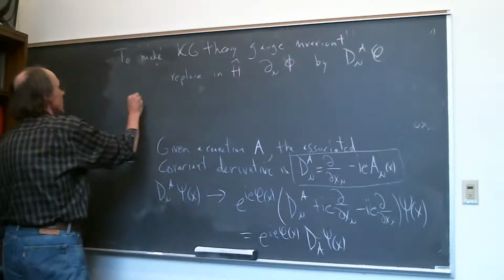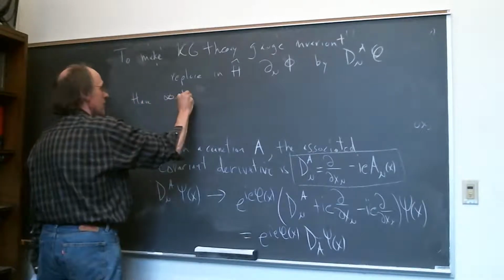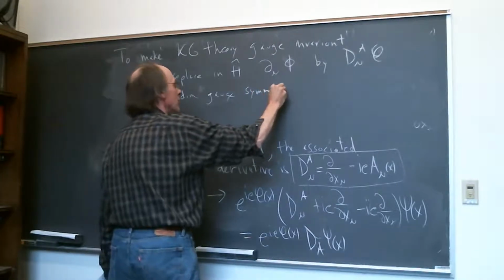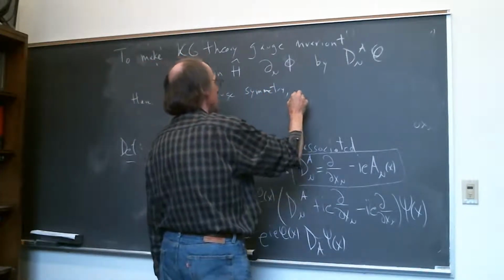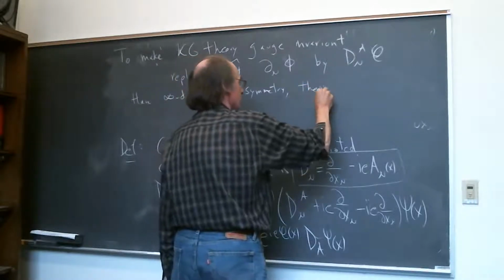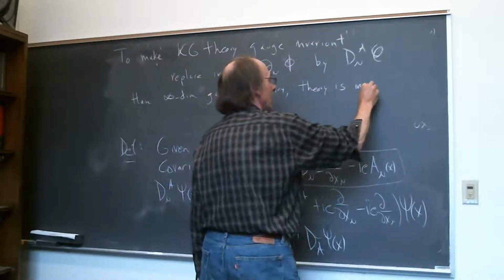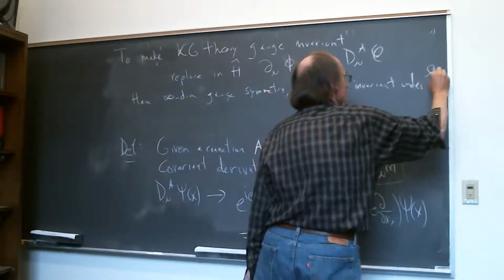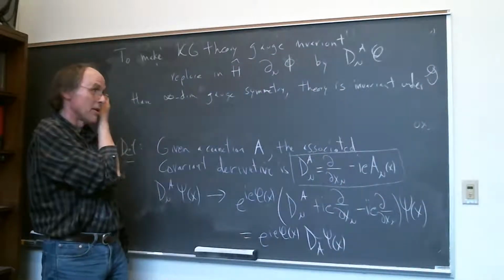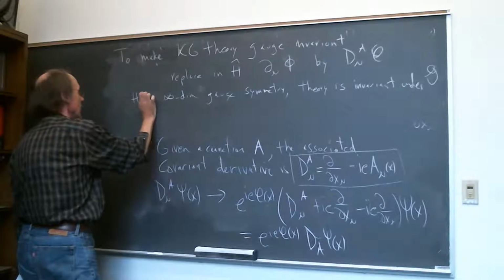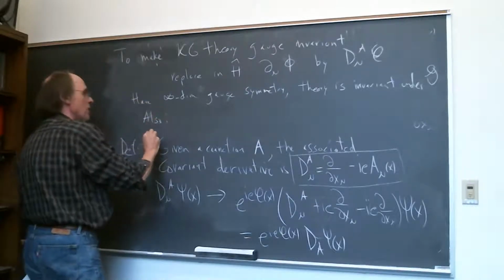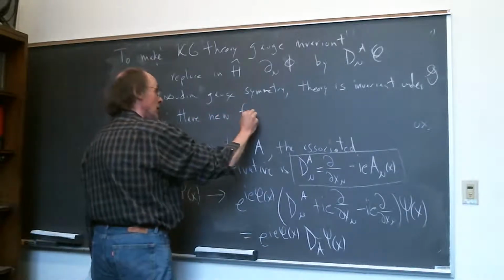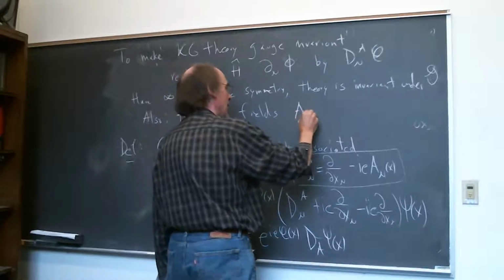So you have infinite dimensional gauge symmetry, and the theory is invariant under G. Your space of states is now supposed to not depend upon G, and you also have a new degree of freedom: new fields A_mu of x.